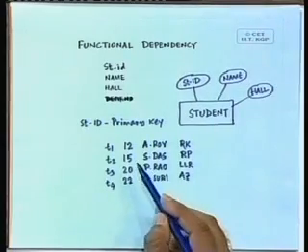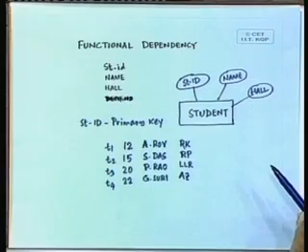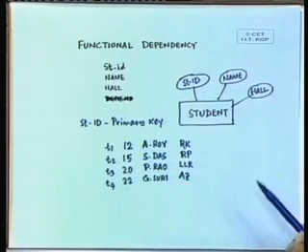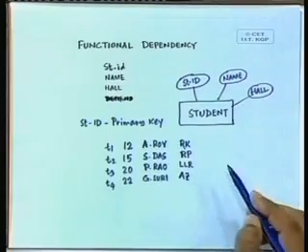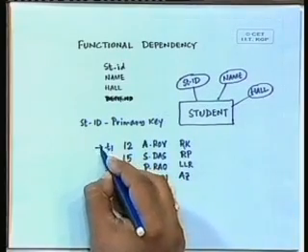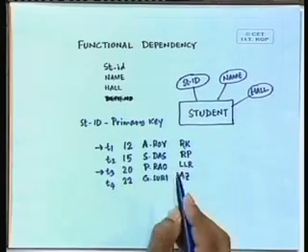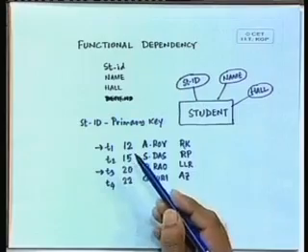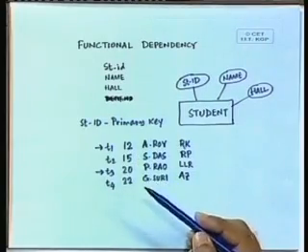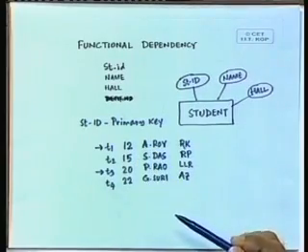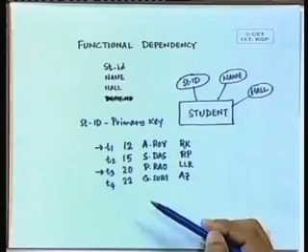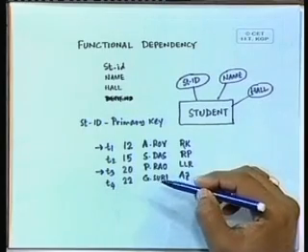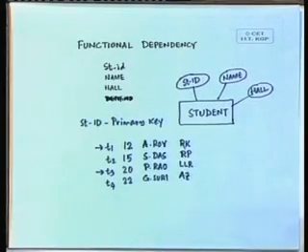The idea is if we take any 2 tuples and see whether the student ID is the same, say for example we take T1 and T3. Now definitely the student ID is not the same, so it does not matter. But if the student ID is the same in 2 tuples due to whatever reason, then the name, let us say another field name, cannot disagree.